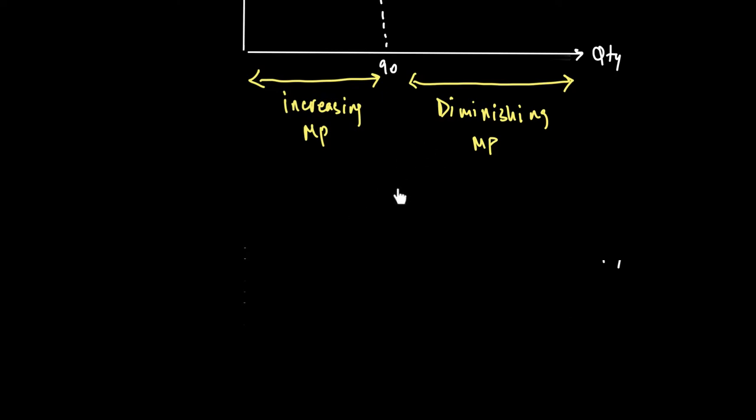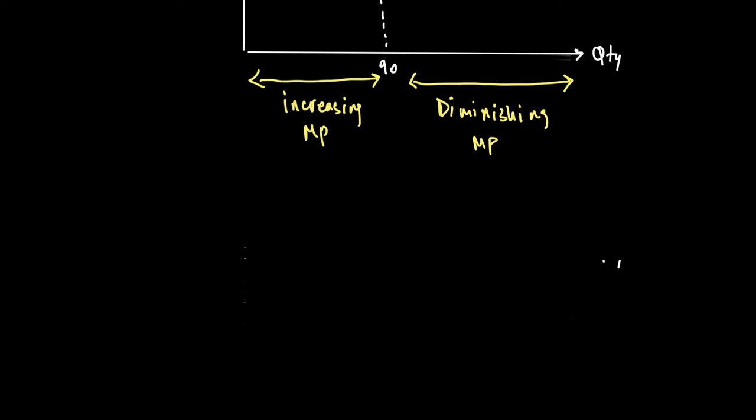Each additional unit of output costs more and more to produce because worker productivity is going down. So as long as MP is falling, marginal cost must be rising, and vice versa. As long as MP is rising, MC is falling. So they have an inverse relationship between MP and MC.